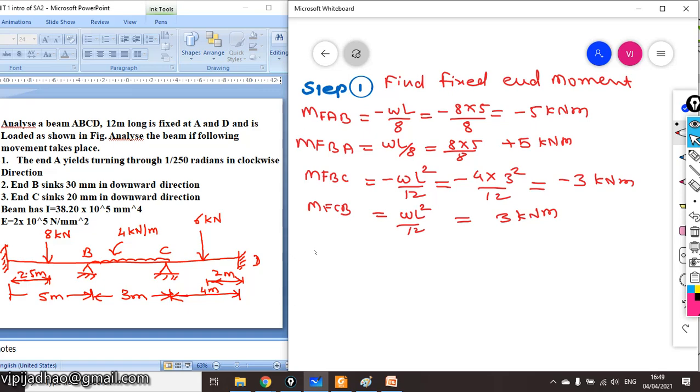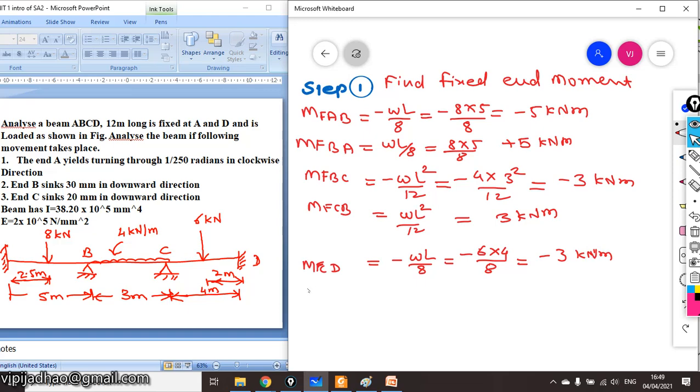Similarly MFCD will be equal to minus WL upon 8, so this is minus W is 6, L is 4 divided by 8, which is minus 3 kilonewton meter.